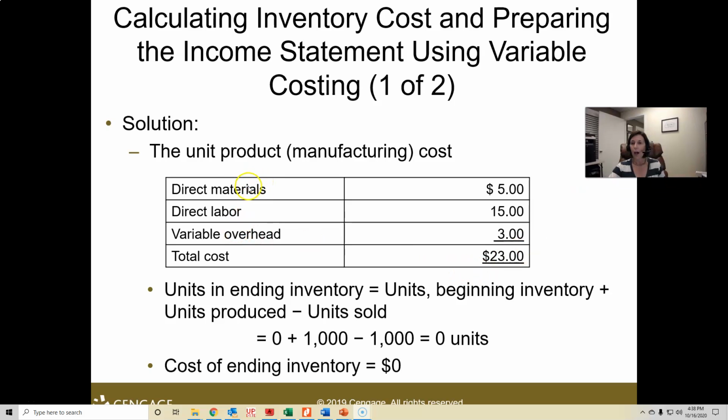We've got, again, the same initial calculations, but now we're missing that $20 per unit overhead figure. And so what that means is we've got no costs sitting in our ending inventory in terms of overhead, because we haven't assigned any overhead costs to the inventory.